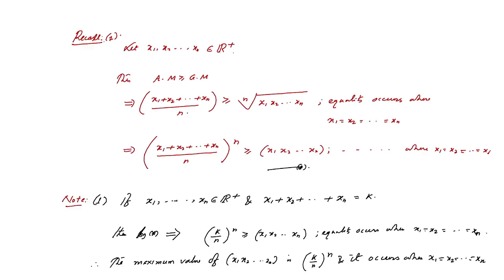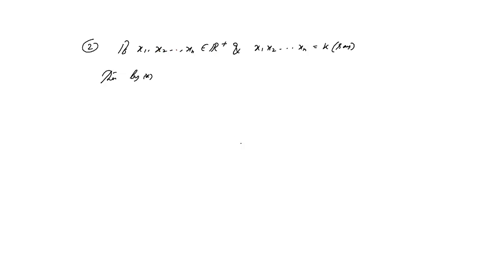Similarly, note 2, if x1 x2 dot dot xn all are positive real numbers and their product is given, and say x1 multiplied by x2 xn, the product is k. This is also a positive real number. যদি এমন দেওয়া থাকে then again by star, that means by this inequality arithmetic mean greater than or equal to geometric mean.